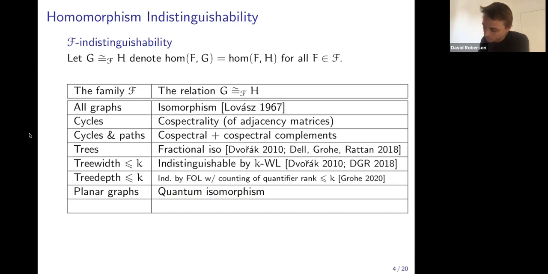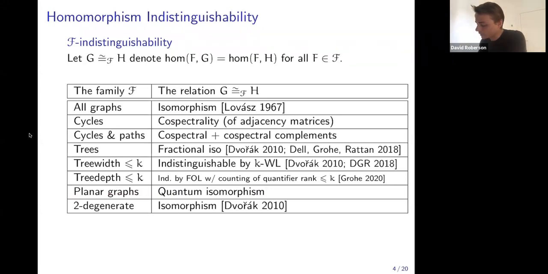There are a few, I guess, not 2 years ago, me and Laura Mančinska showed that if you look at the class of planar graphs, you get something which is called quantum isomorphism, which is a notion we defined using a certain type of game that you can win classically if and only if the graphs are isomorphic. And then if you also allow the players to have some sort of quantum strategy, then you get the notion of quantum isomorphism. And it turns out that this is equivalent to the graphs being indistinguishable over the class of planar graphs.